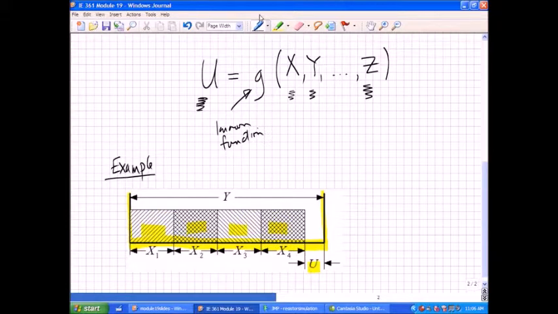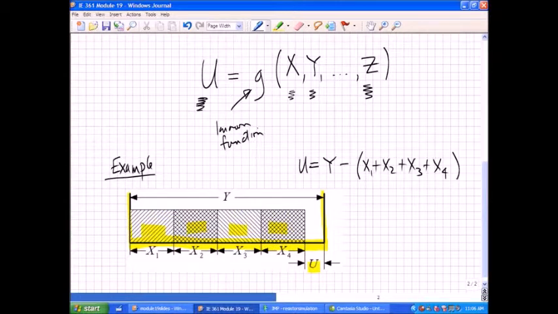You might think of that variable U as being definable in terms of, say, the difference between the inside size of the box, which is Y, and the sum of x1 through x4, the total size of the stuff that I'm trying to put in the box. So this is x1 plus x2 plus x3 plus x4.